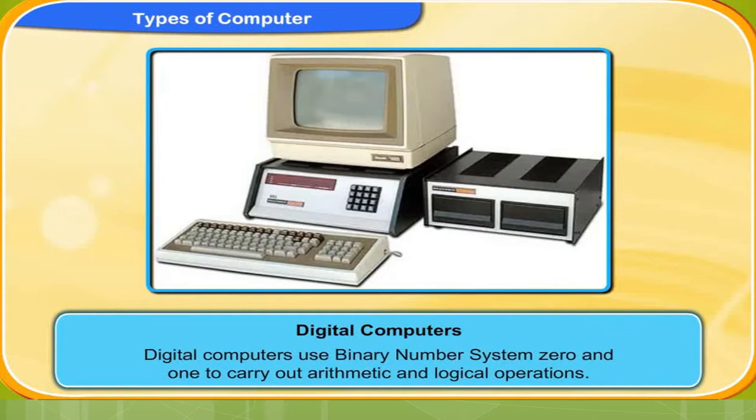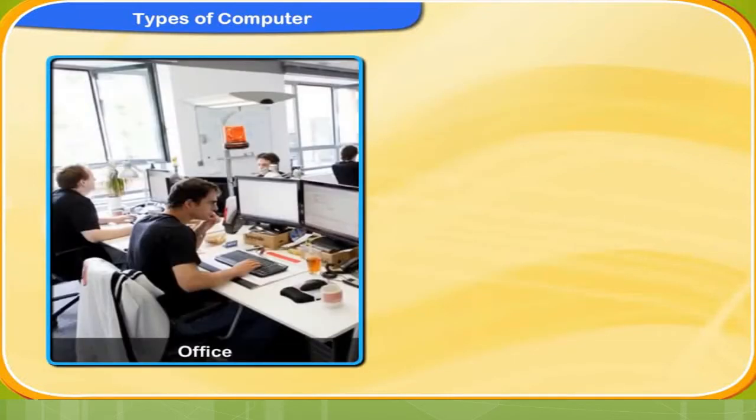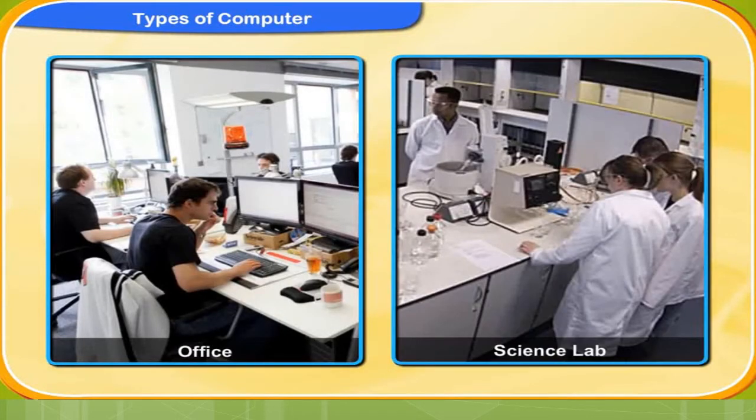Digital computers use the binary number system 0 and 1 to carry out arithmetic and logical operations. These computers are mostly used in offices and science laboratories. Let us now learn what an analog computer is.